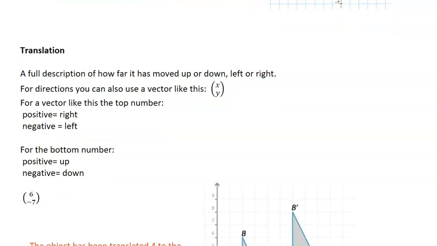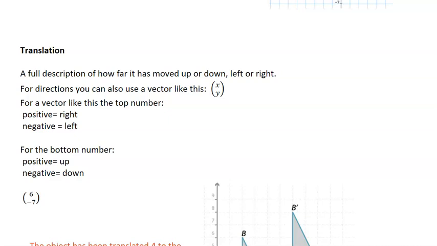Okay, translation, a full description of how far it's moved, up or down, left or right. So for these directions, you can use a vector. Okay, so that's where you've got those two numbers stacked, such as this example. Describing the translation, the top number is whether you are going left or right.